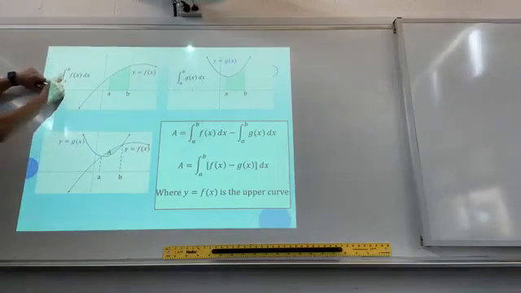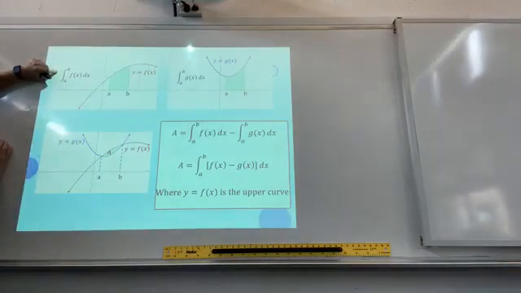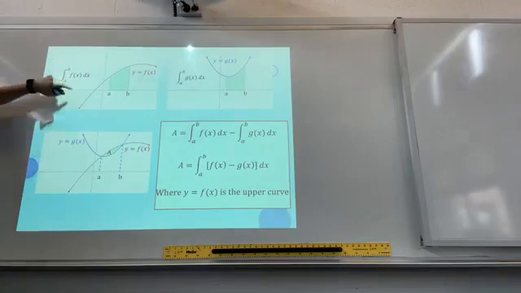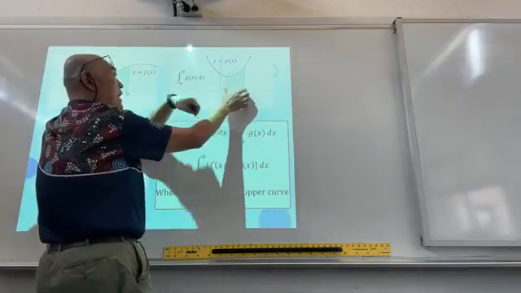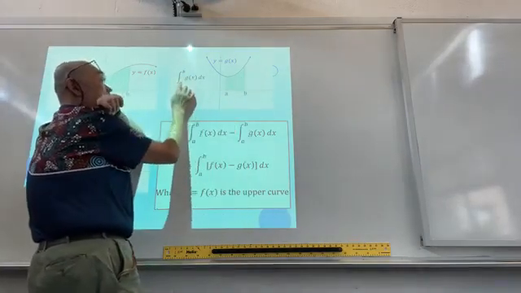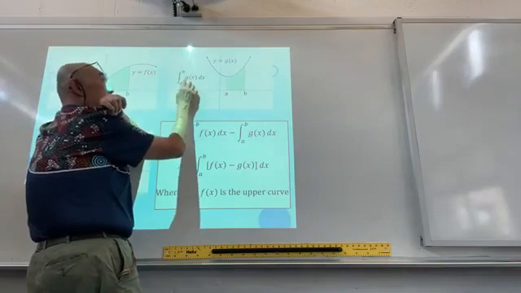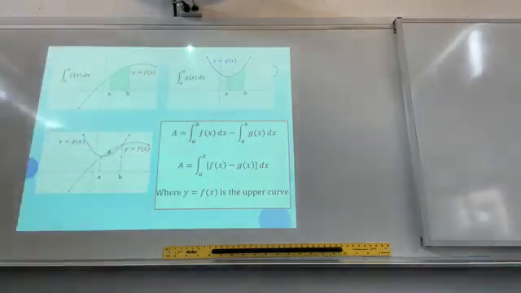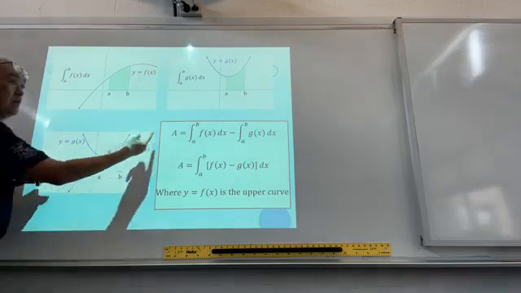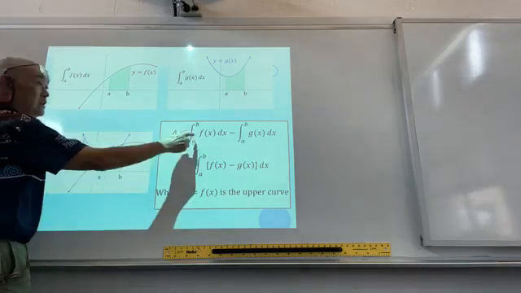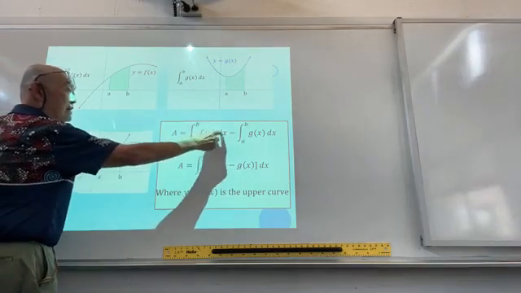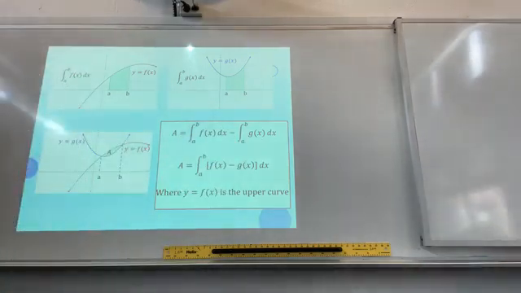So I can integrate from a to b to find this area here. This is y equals f(x). Then y equals g(x), the area there is integrating from a to b, the definite integral of g(x). Area under the curve. So if I put everything together, the area is the integral from a to b of f(x) dx minus the integral from a to b of g(x) dx.